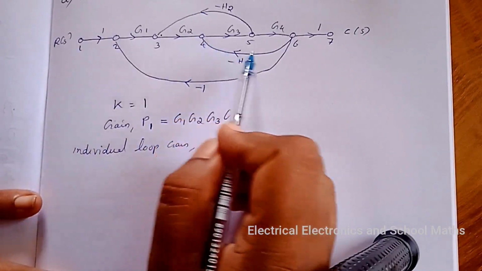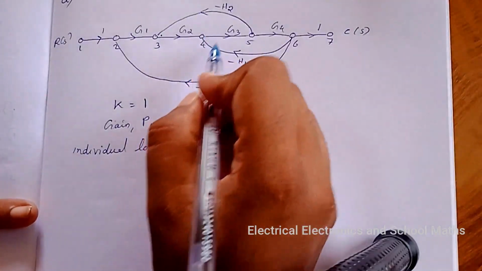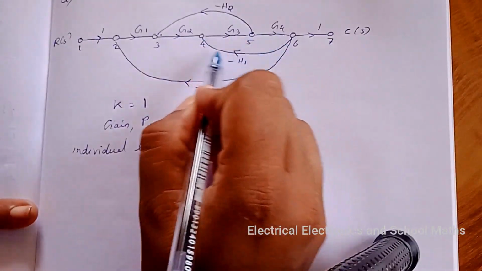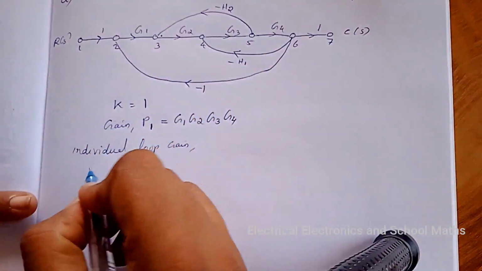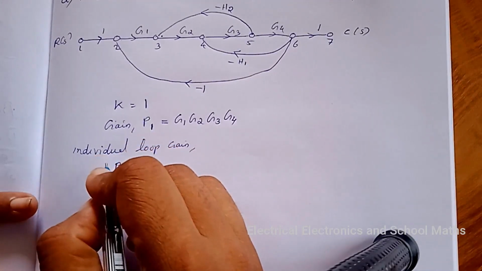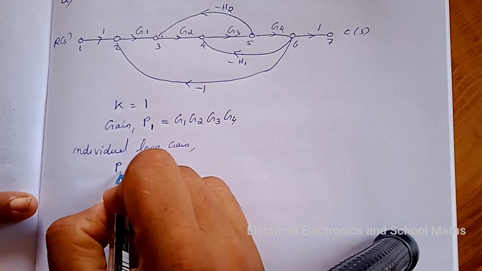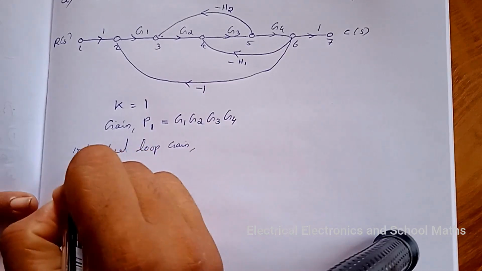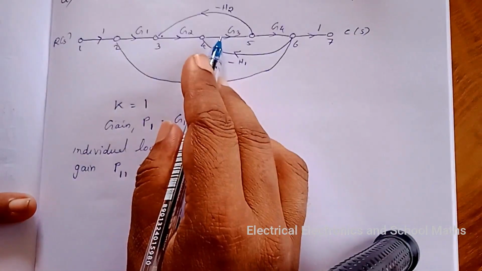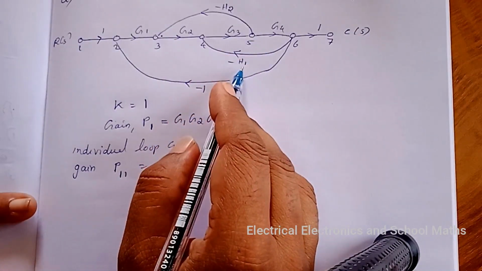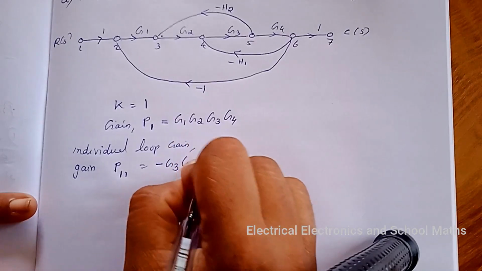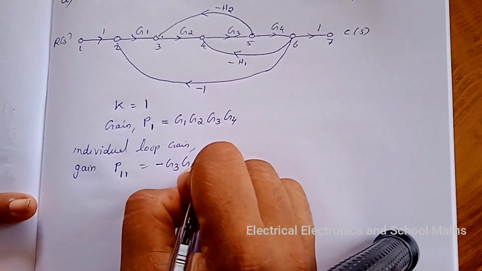So let the first individual loop be this one. So the loop gain of the first individual loop be P11, and P11 equal to G3 G4 into minus H1, that is minus G3 G4 H1.